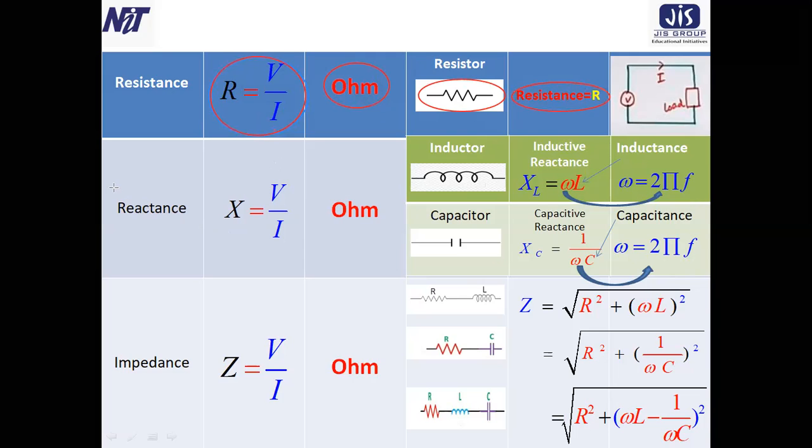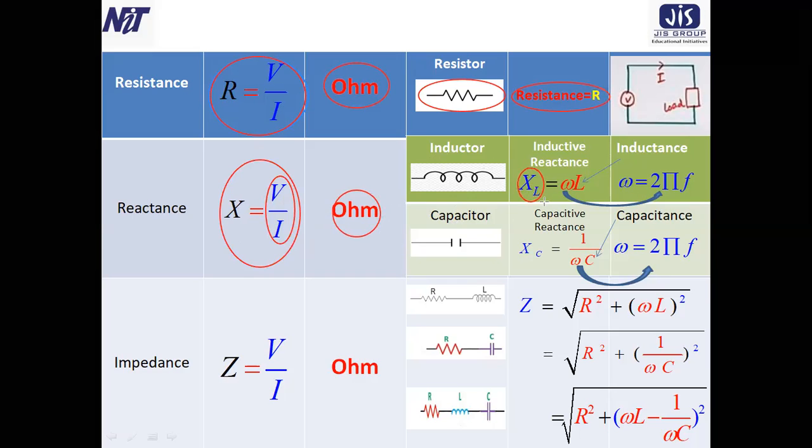Reactance is also V by I, and it is represented by X. So X equals V by I. The unit is the same as resistance, ohms. Reactance is basically divided into two parts: one is the inductor and one is the capacitor.